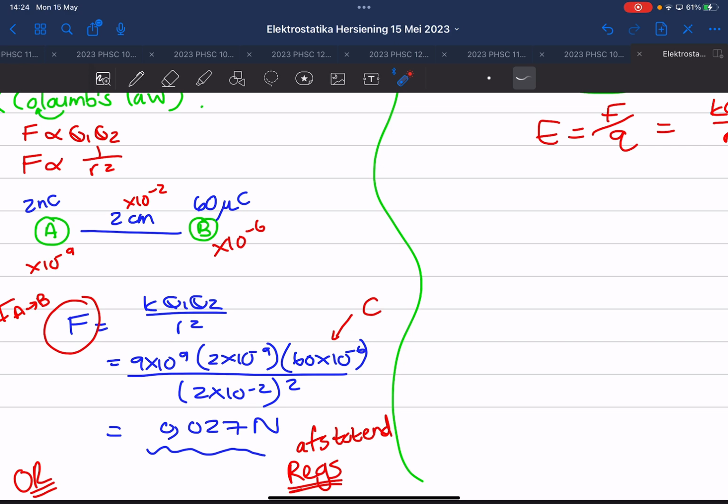Dan kry jy lekker 2,7 maal 10 tot die mag minus 2. Ja, joh, dit is my nou stres. Iemand is verkeerd. Remember to use that times 10 to the power button.